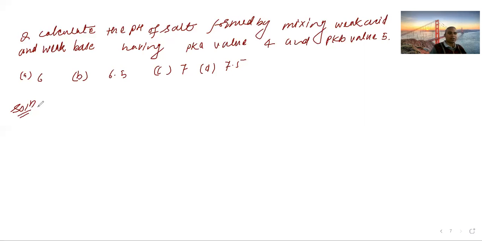Let us try to solve. How can you solve this? They already said it is a mixture of a weak acid and a weak base. So how do we calculate?